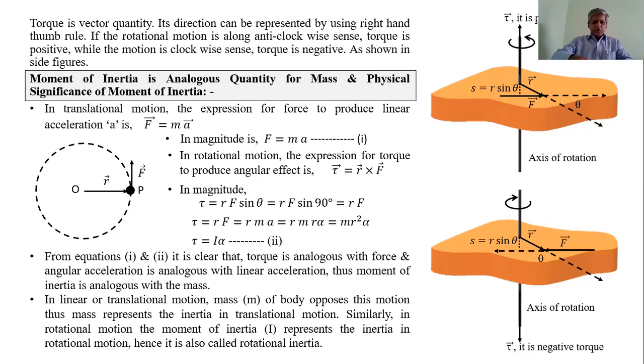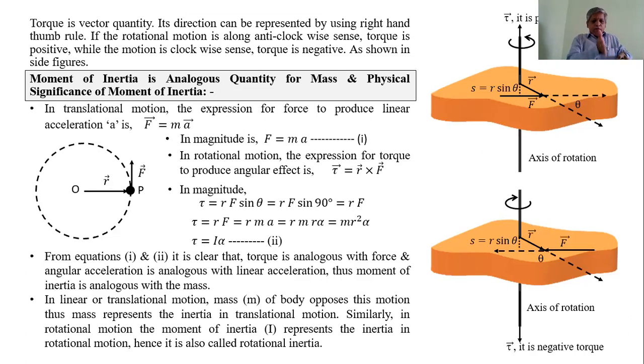If this is the axis of rotation, and when we apply the force along these directions, at that time the body gets rotated about this axis of rotation. The direction of force is along this direction, and the position vector is along this direction.